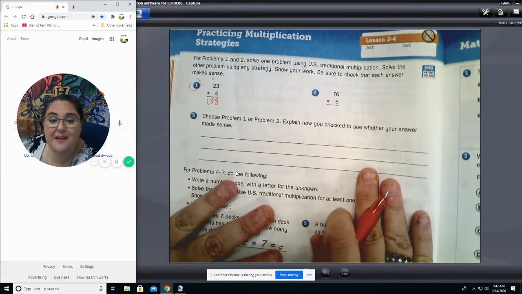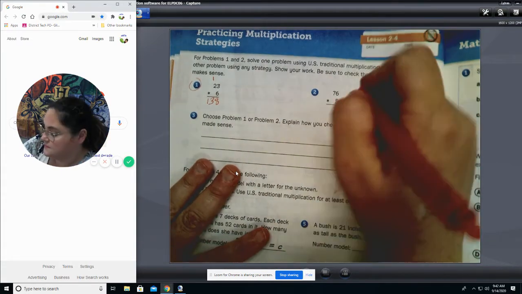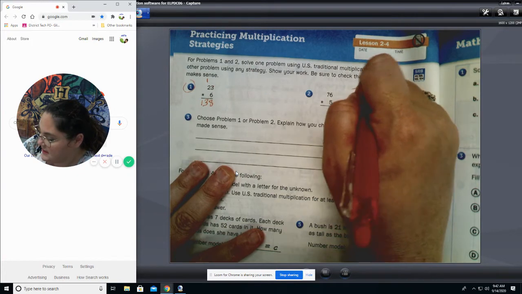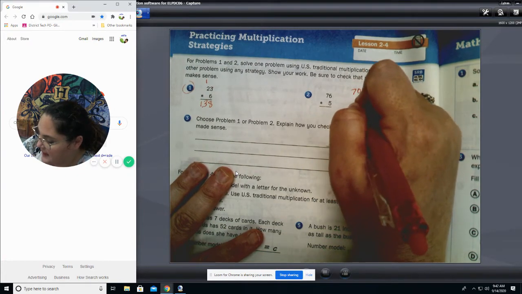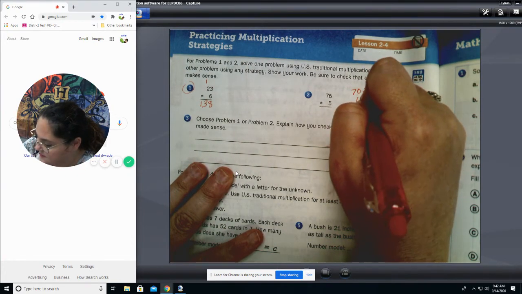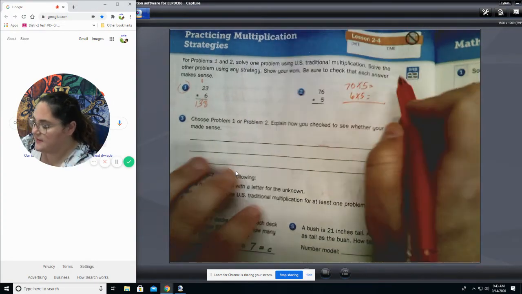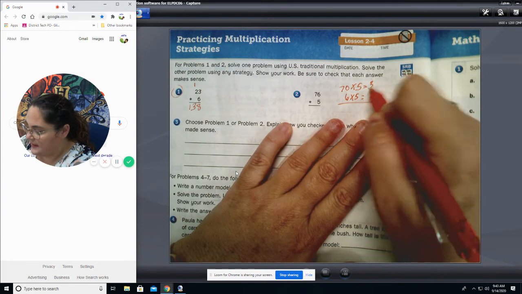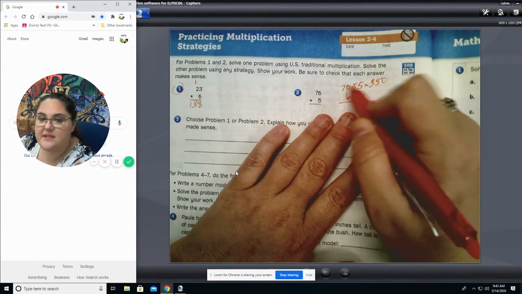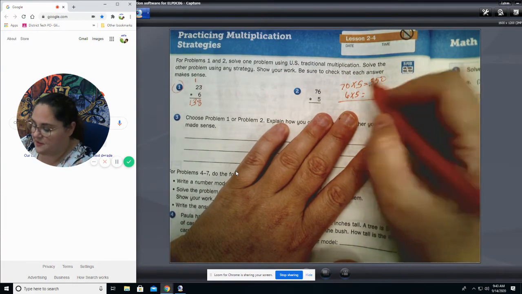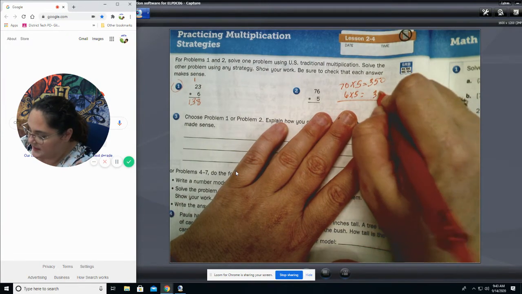For number 2, I'm going to do partial products. I'm going to do 70 times 5, and I'm going to do 6 times 5. 70 times 5 I know is 350, because 7 times 5 is 35. Add my 0. 6 times 5 is 30.